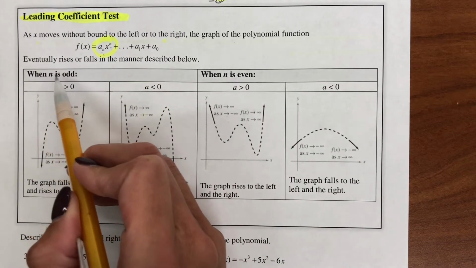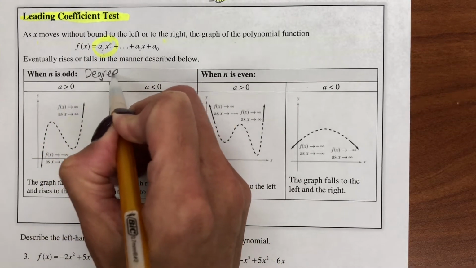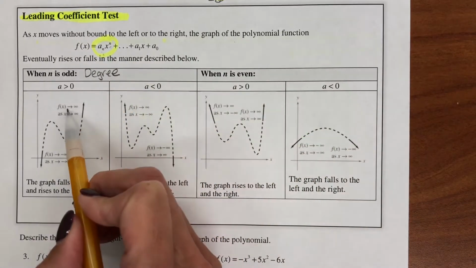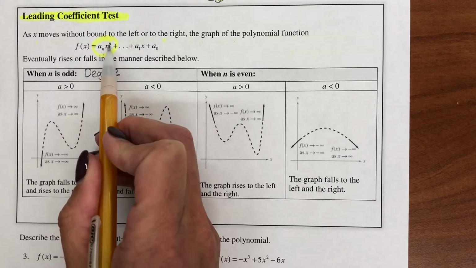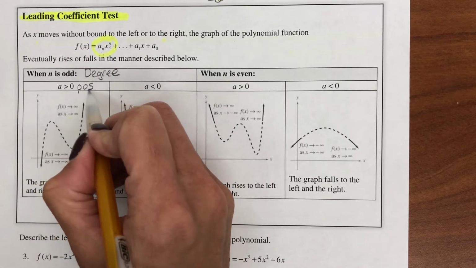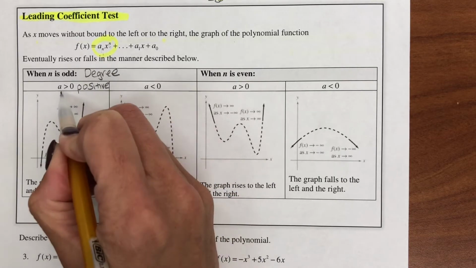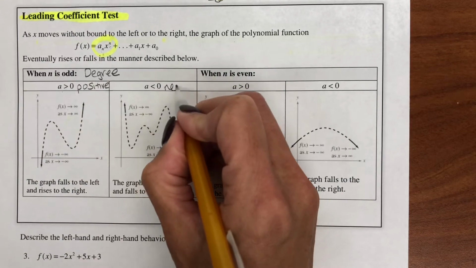So when n is odd, or the degree is odd, there's two cases. When you have an odd exponent, you could either have a positive leading coefficient, so that number out in front is either positive or negative.